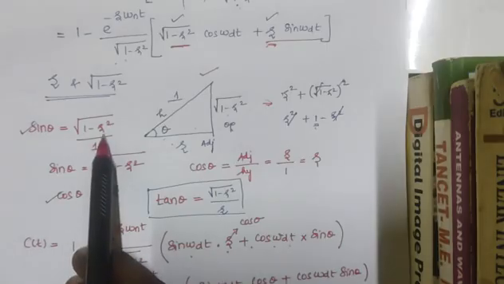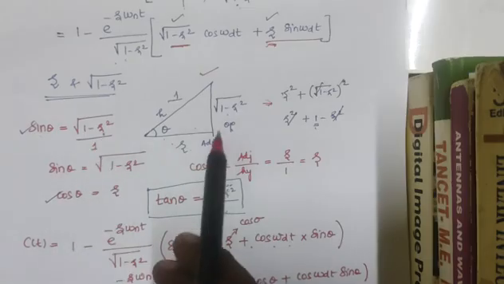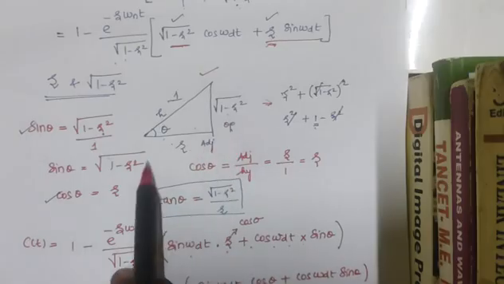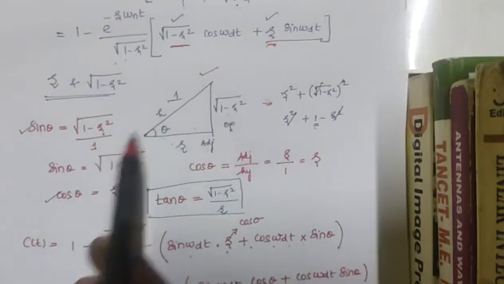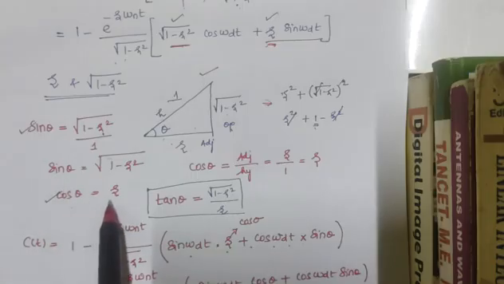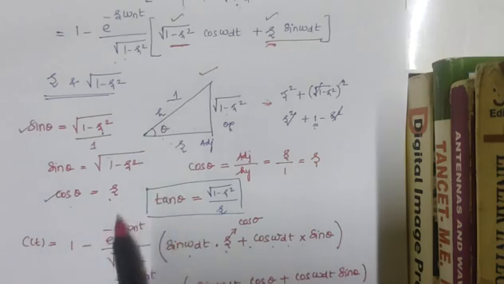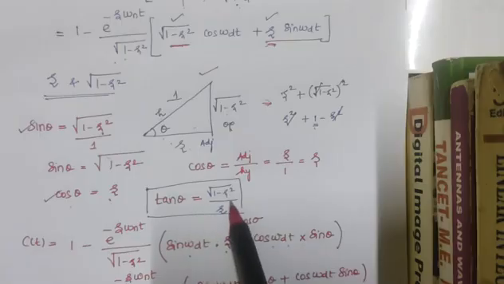How can I compute sine theta? Everyone knows it is opposite by hypotenuse. Opposite is square root of 1 minus psi square divided by hypotenuse 1. So cos theta, how can I write? Cos theta is adjacent divided by hypotenuse. So psi divided by 1 becomes psi. Now I am writing tan theta. It is opposite divided by adjacent. So tan theta is square root of 1 minus psi square divided by psi.